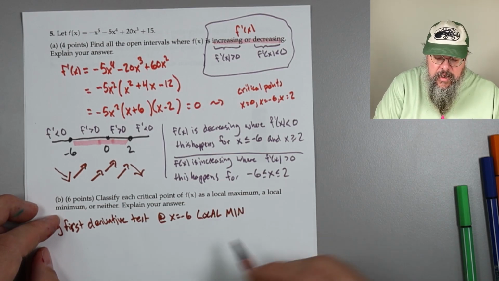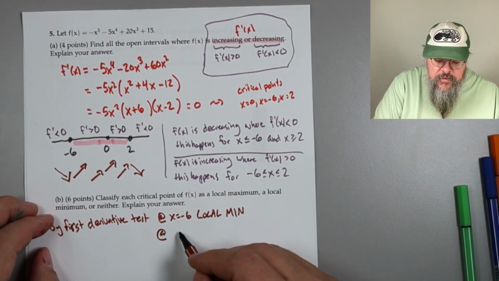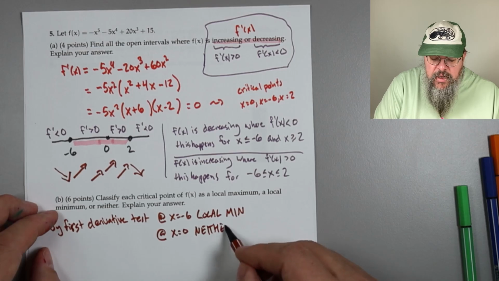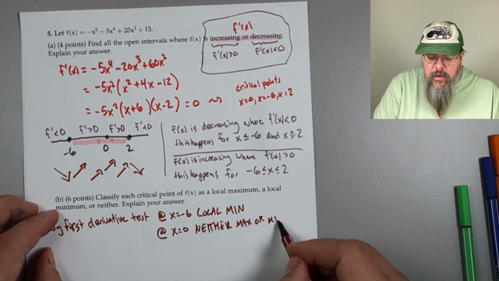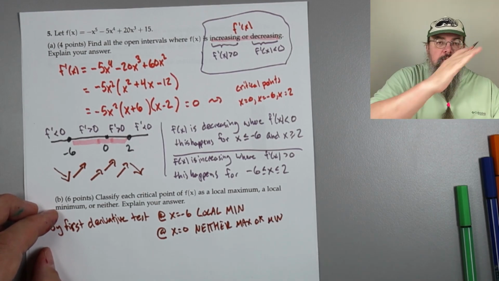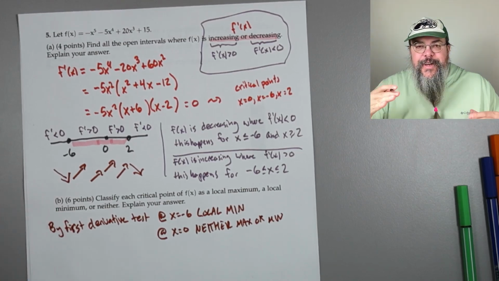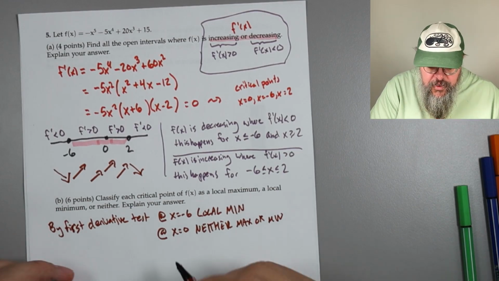And by the first derivative test at x equals 0, we are neither a max nor a min. And why is that? Well, because we're going up and up. It doesn't go up and down or down and up. It's up. So, nothing.